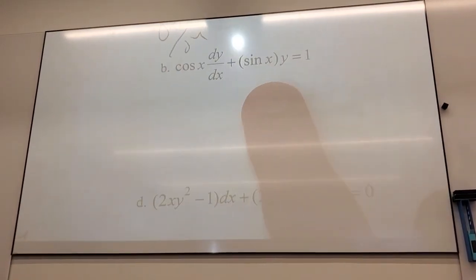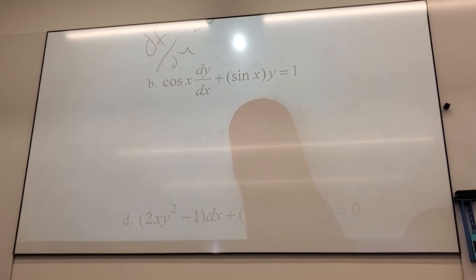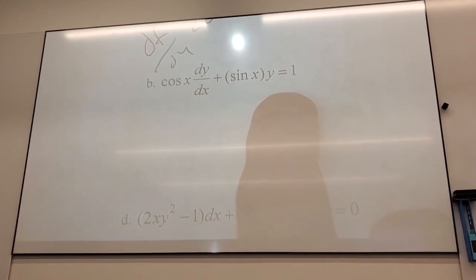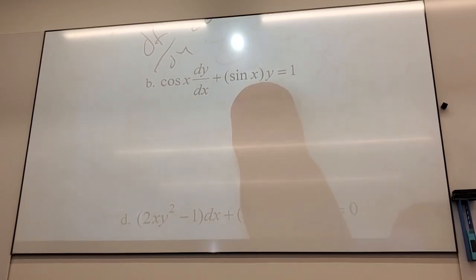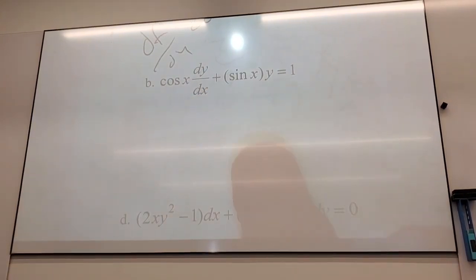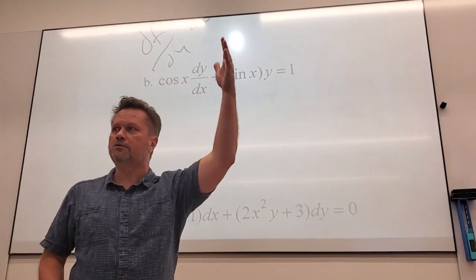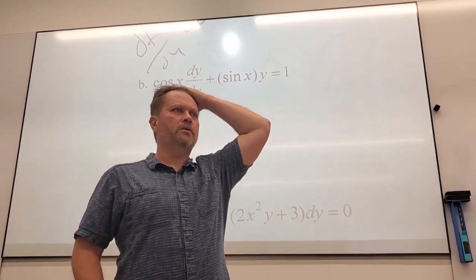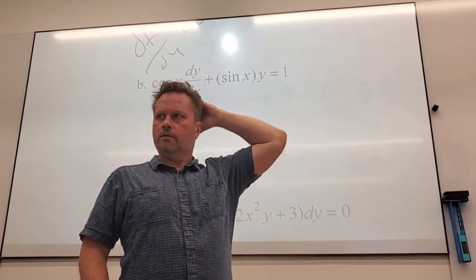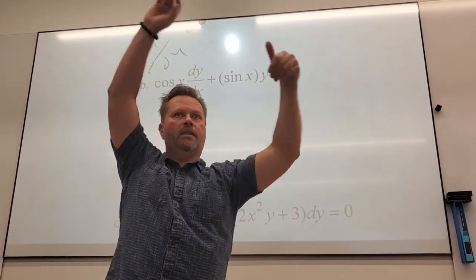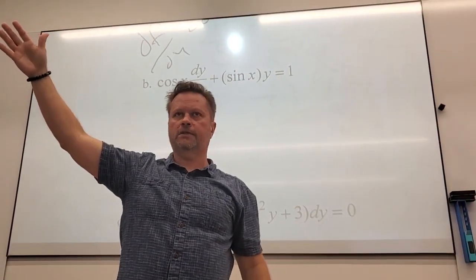What about this one? Linear, cool, because the y stuff is all to a first power. Your p of x is going to be tangent, so you got to remember what the integral of tangent is. And if you don't remember, you rewrite it as a ratio and you use u sub, right? Does everybody know what the integral of tangent is? Negative natural log cosine, or you bring the negative in, flip it, natural log of secant. That's the way I remember it, yeah.